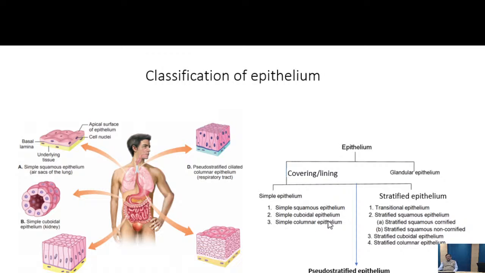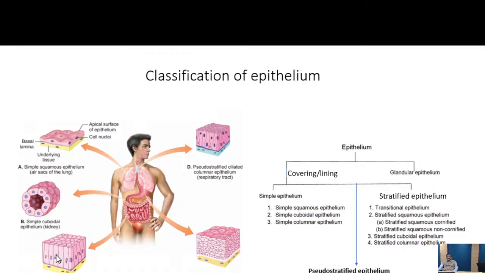If you look at the simple cuboidal epithelium, then it is present in the lining epithelium of the thyroid follicles. It is present in the kidney, in the distal convoluted tubule of the kidney, as you can see over here. And the simple columnar epithelium is present in the stomach.